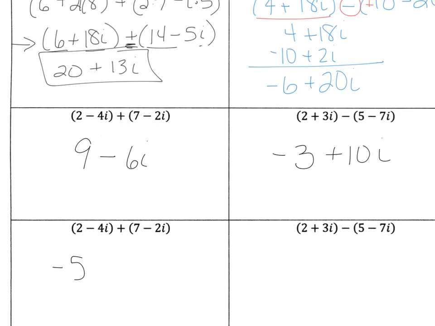This is negative 5 minus 2i. And then this one is, again, subtraction, so 2 minus a negative 5 would be negative 3 plus 10i, which makes these two the same.